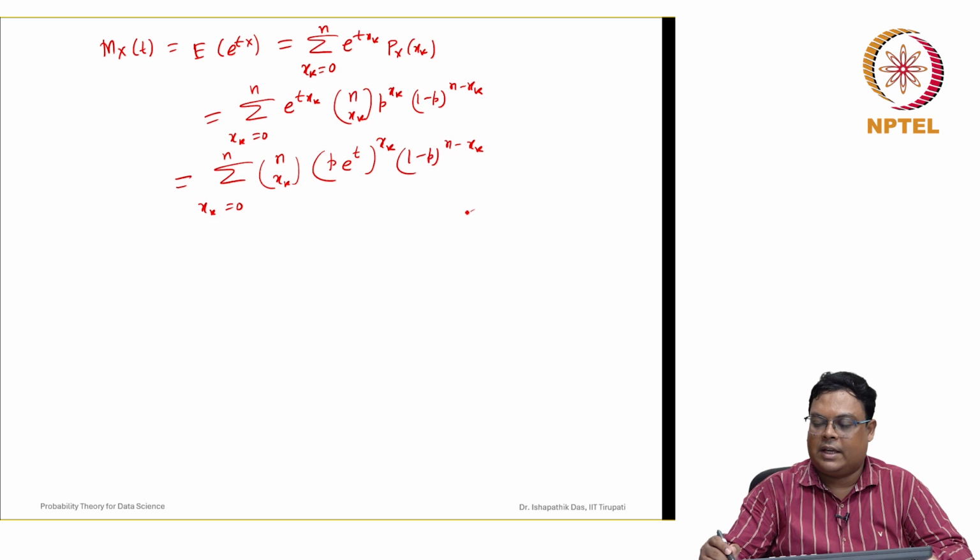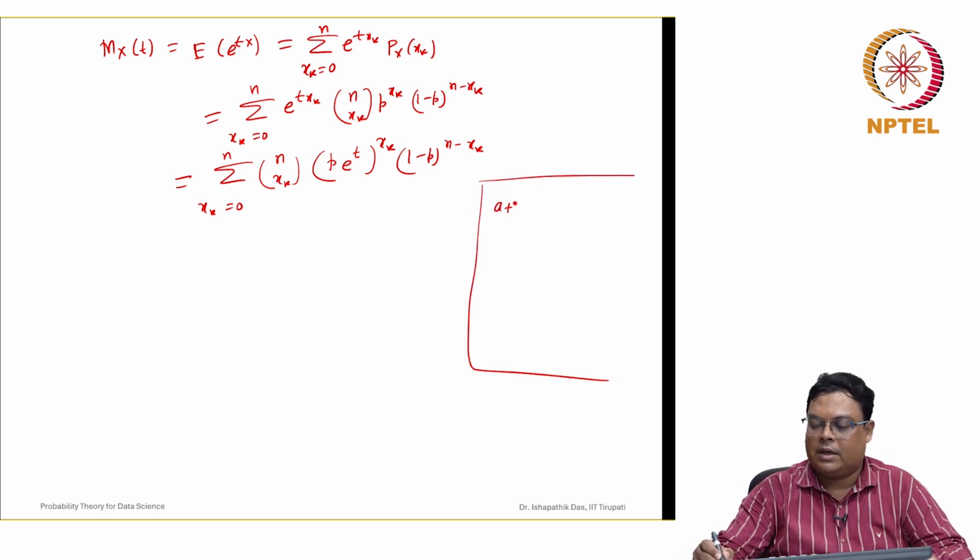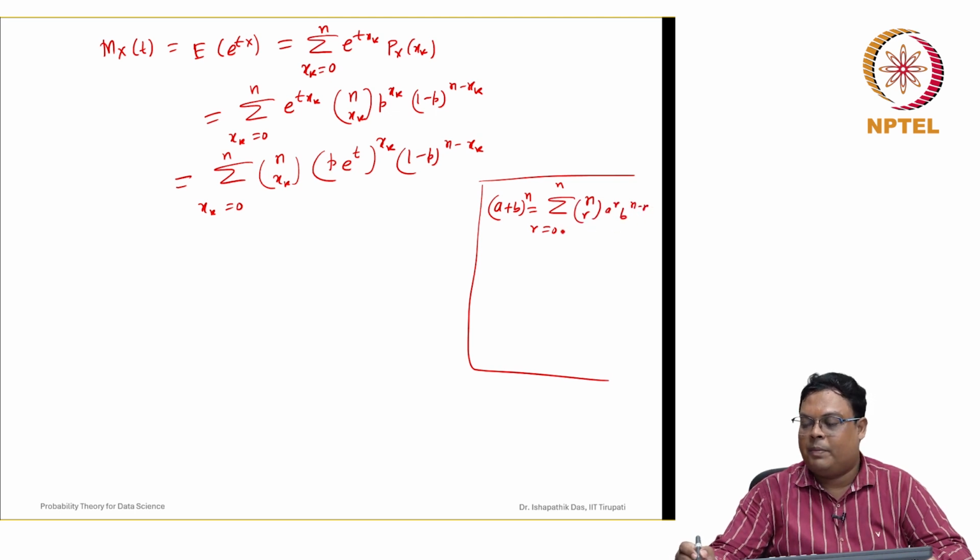This has a simplified form. We know that it is like a binomial expansion. We know how to represent (a plus b) whole to the power n, which is the summation over r equal to 0 to n of nCr a to the power r b to the power of n minus r. Now compare with a equal to p e to the power of t and b equal to 1 minus p.